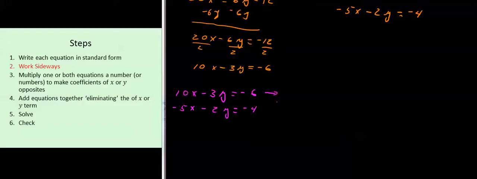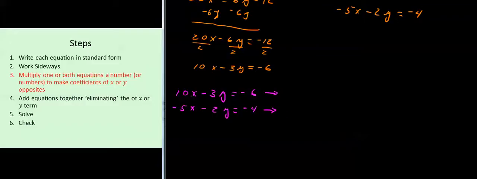And I'm working sideways. So I write them one above the other, and between every step, put arrows. Now, step 3 says multiply one or both equations by a number, or numbers, to make coefficients of x or y opposite.